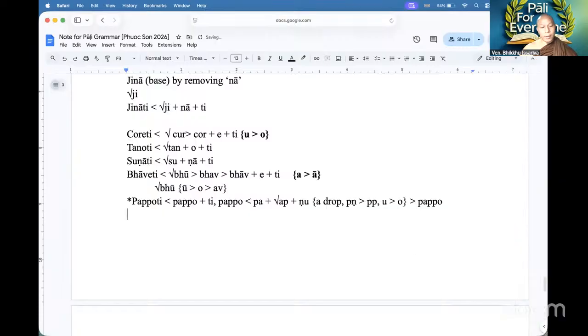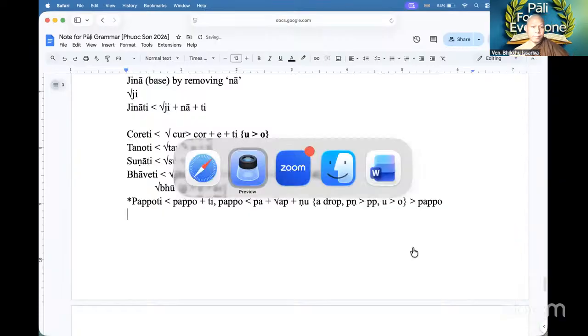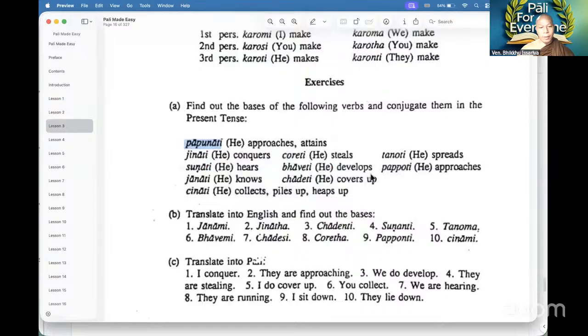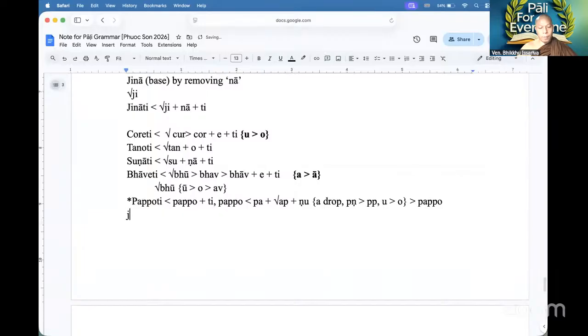Okay, and then now the next one. We did Bodhi, so Janati. Janati also actually D and the na. At the time, only Ja. So maybe we may be confused that this Ja is the root, but that one is also a secondary form. So that is not a root yet.